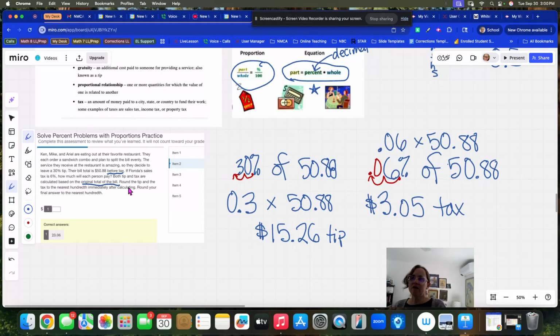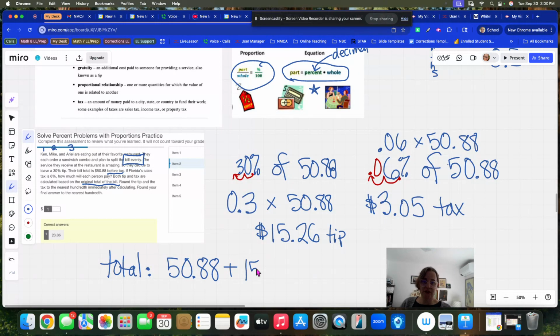Okay, now let's talk about this. We've got to find the total, and then we're going to share the bill. We'll figure out how many people. It looks like 1, 2, 3 people are sharing this bill. So let's talk about the total bill. We're going to pay for the food, that's the 50.88. And we're going to pay the tip, that's 15.26.